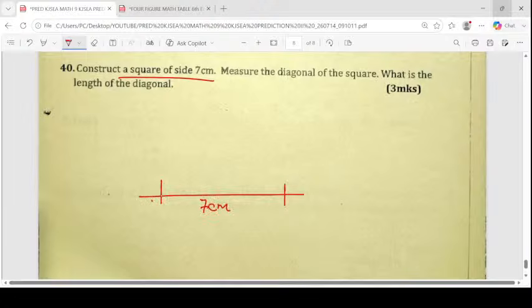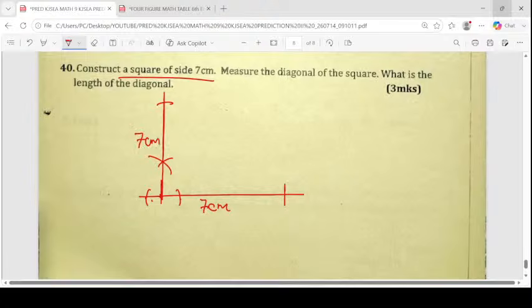How do you construct a perpendicular bisector at this point? Stand here. Make an arc, come to one of your arcs, make an arc, come here, make another arc. Then draw a line that goes up. Measure again another 7 centimeters. This is 7 centimeters.